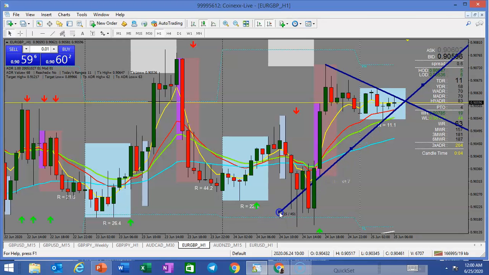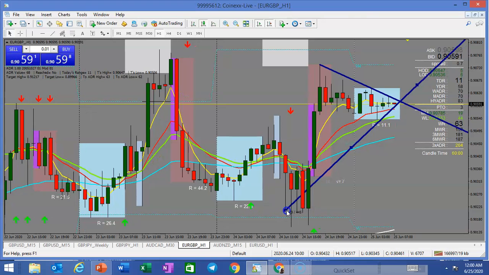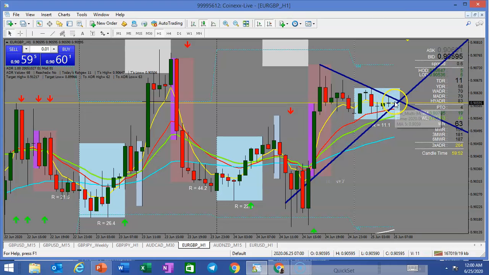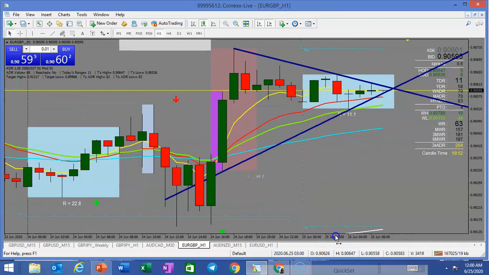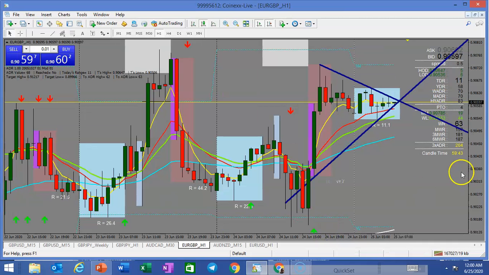This is good enough. Yep. So this kind of looks like it's almost ready, right? To bust out. So we're just waiting to see if it's going to bust out to the upside or the downside. My bias is to the upside.